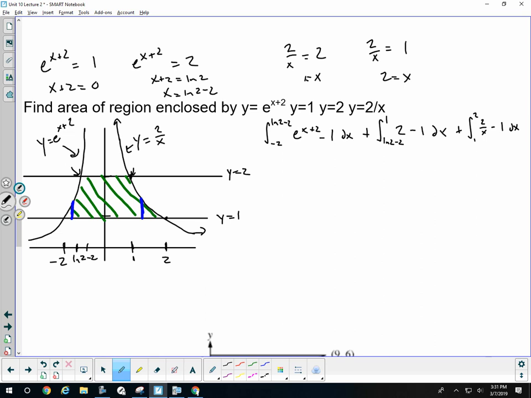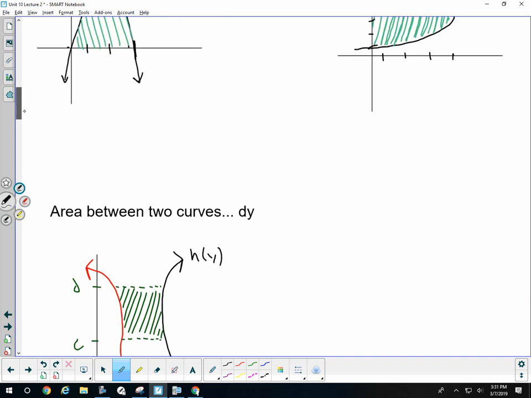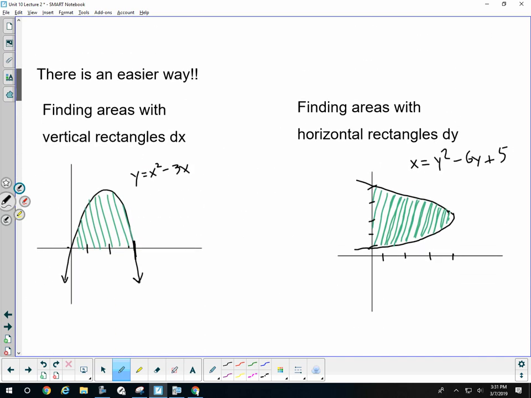Well, let me introduce you to another approach to things. Go back. We have been using vertical rectangles, and we are comfortable with using vertical rectangles. A vertical rectangle has a height, which is a y-coordinate. The y-coordinate is given to us by equations with x's.